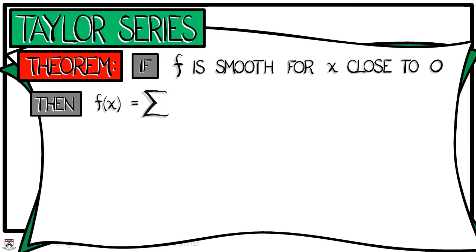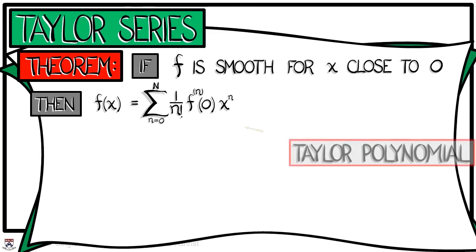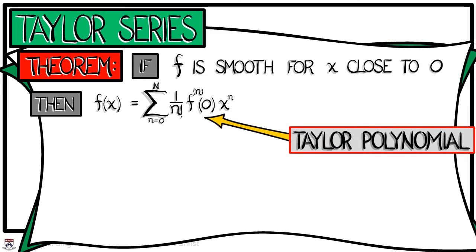Assume that f is smooth, then Taylor expand f about x equals 0, keeping only terms up to and including order n. Now, of course, f is not equal to this Taylor polynomial. It's just an approximation, so there's some error.